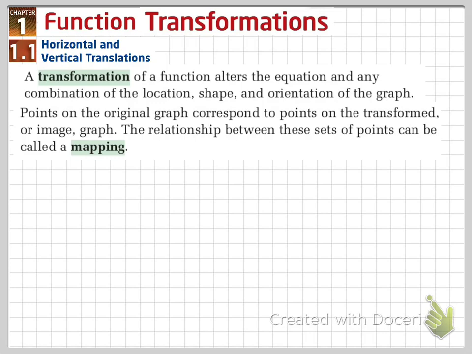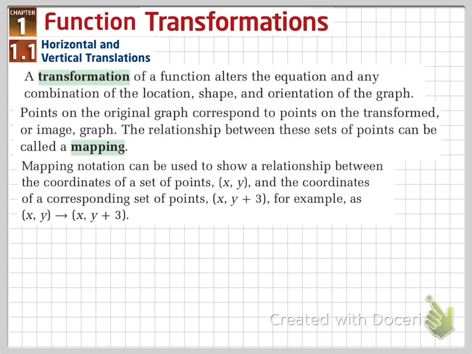The relationship between these sets of points can be called a mapping. Mapping notation can be used to show a relationship between the coordinates of a set of points, x, y, and the coordinates of a corresponding set of points, for instance, x and y plus 3. So that means that x, y would map onto x and y plus 3.